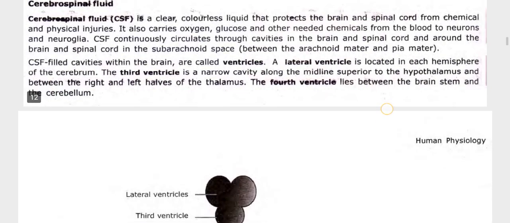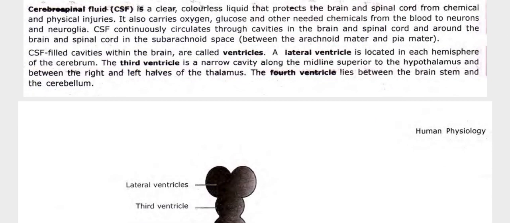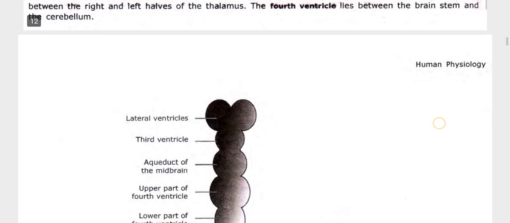CSF-filled cavities within the brain are called ventricles. A lateral ventricle is located in each hemisphere of the cerebrum. The third ventricle is a narrow cavity along the midline, superior to the hypothalamus and between the right and left halves of the thalamus. The fourth ventricle lies between the brainstem and the cerebellum.